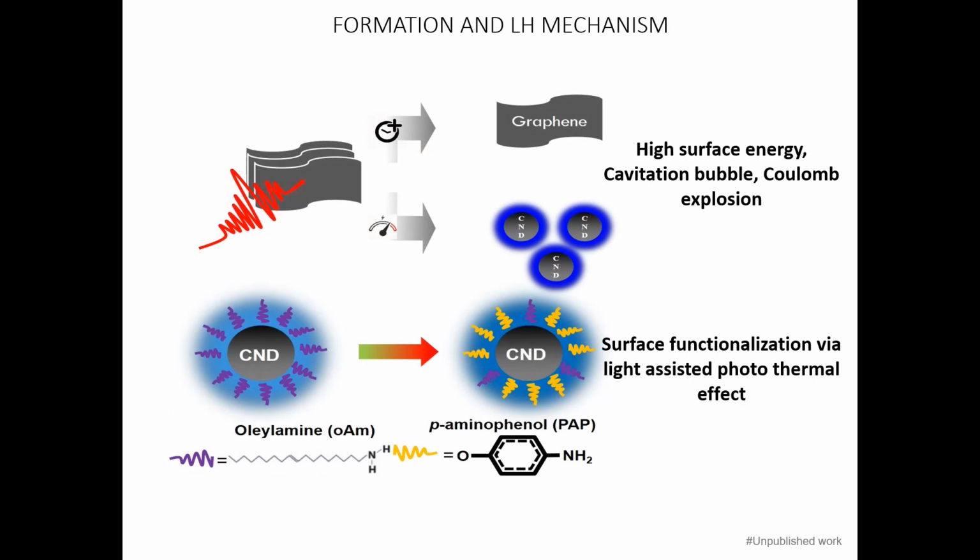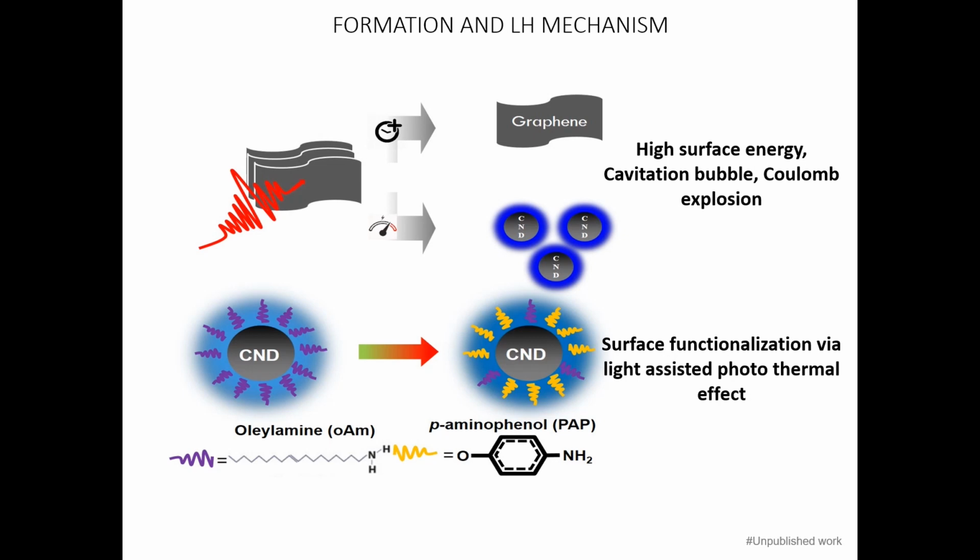So when the laser interacts with the graphite initial material, if we increase the time, we get graphene. When we increase the power and reduce the time, we get carbon nanodots, which is highly governed by high surface energy, cavitation bubble formation, and Coulomb explosion.